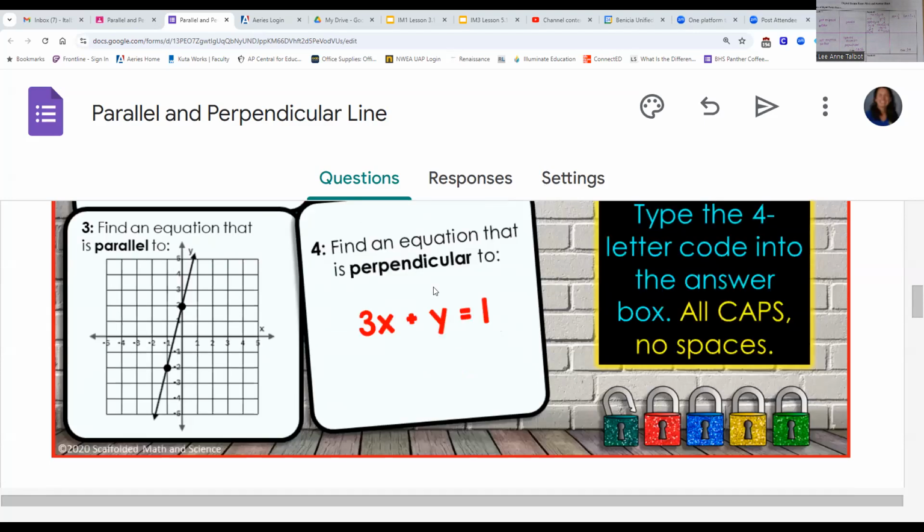Okay, I want you to try number 3 yourself. It says find an equation that is parallel to this. So you're going to find the slope of that. Write it down.